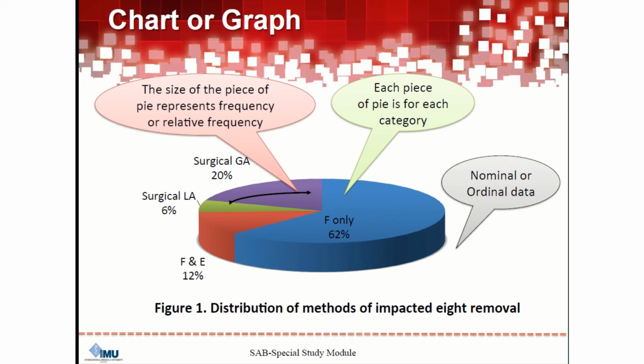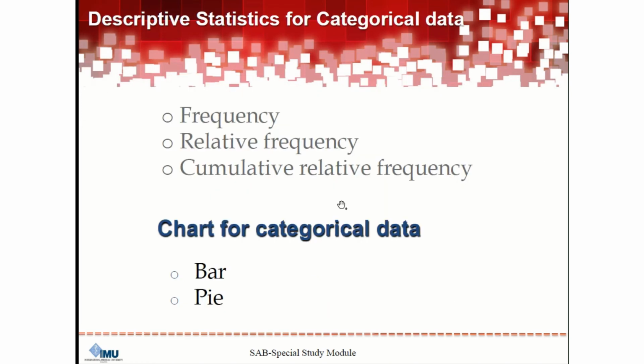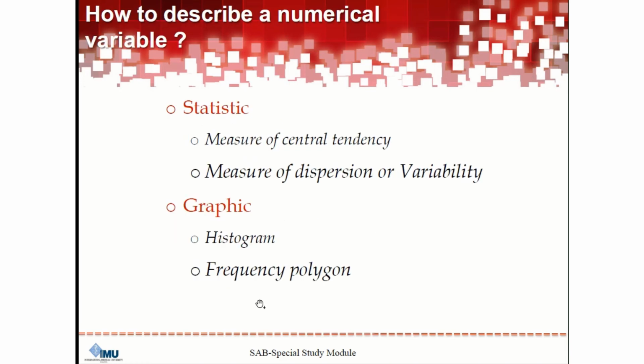Or you can show it as a pie chart, where this is the majority, then you have forceps and extraction, surgical LA, and surgical GA. So we can show descriptive statistics for categorical data as frequency, relative frequency, cumulative relative frequency, and charts, bar and pie chart.